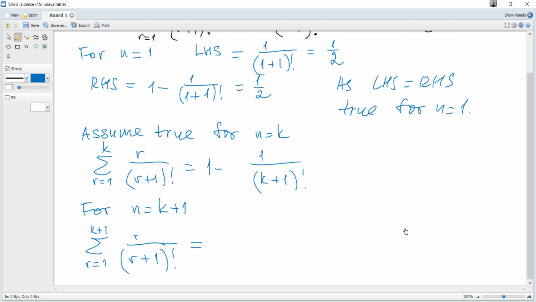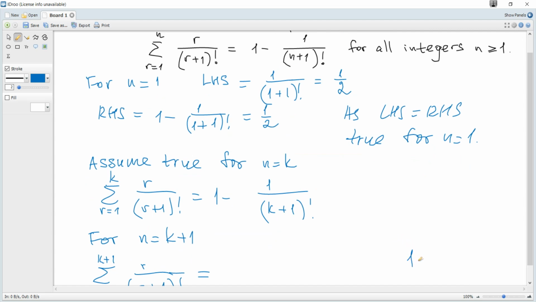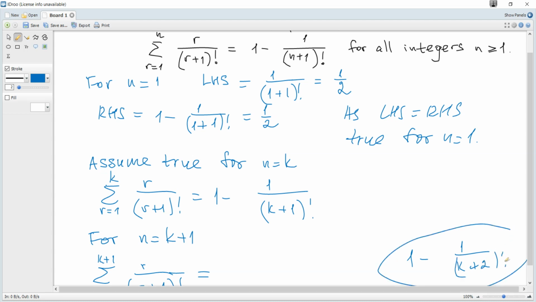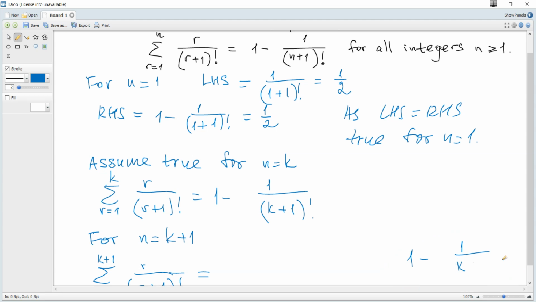So finally we should get 1 minus 1 over k plus 2 factorial. So we should finally get this. And let's start.